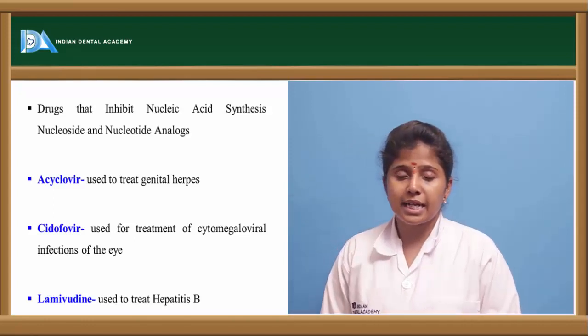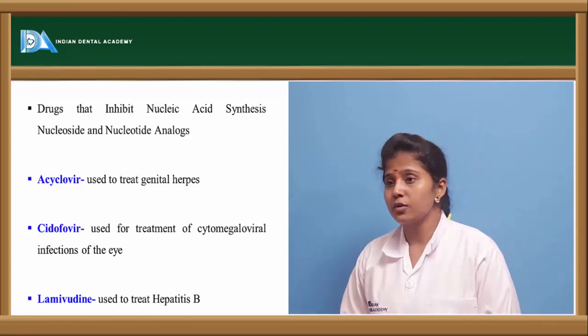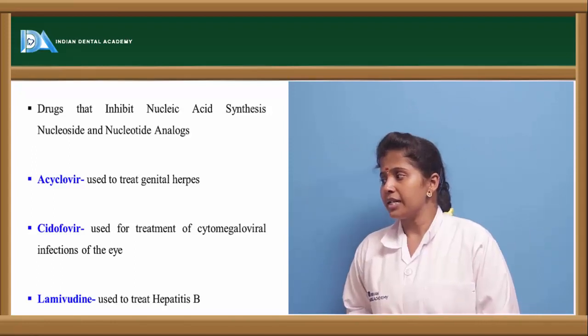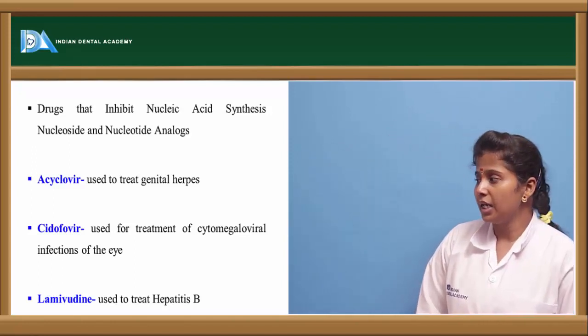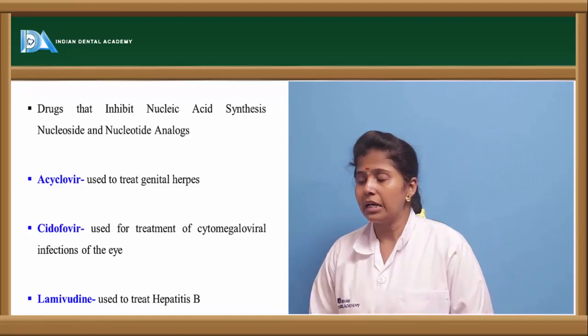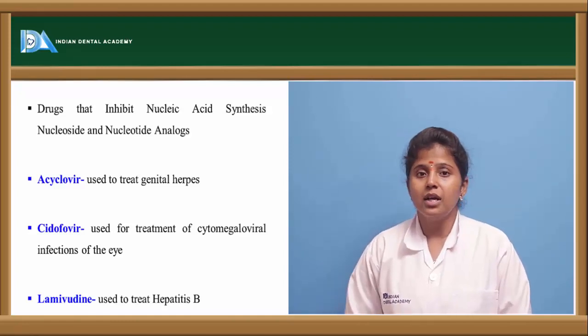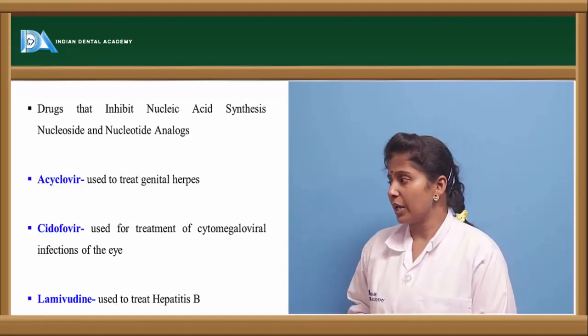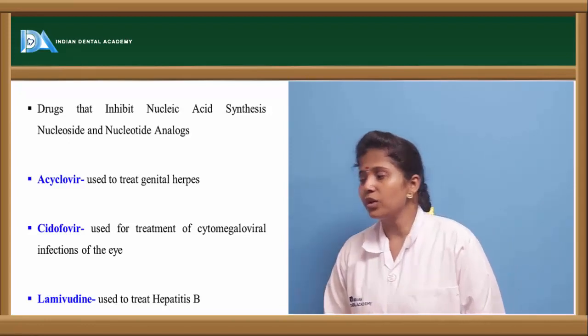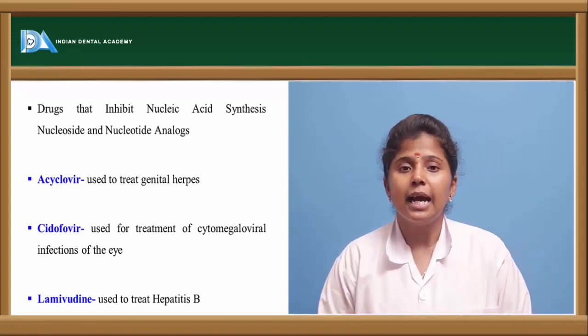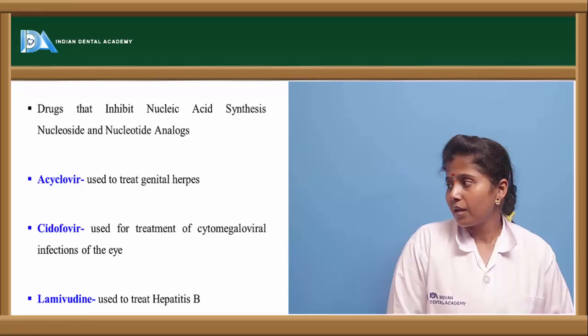Drugs like acyclovir, which is very useful against genital herpes, and cidofovir, which is used against cytomegalovirus infections, are very effective against these viral infections of the eye. And lamivudine is a drug used against the hepatitis B virus.